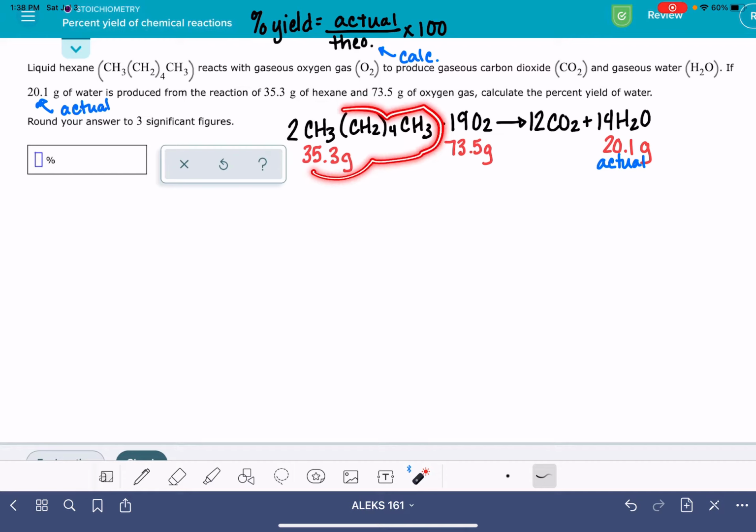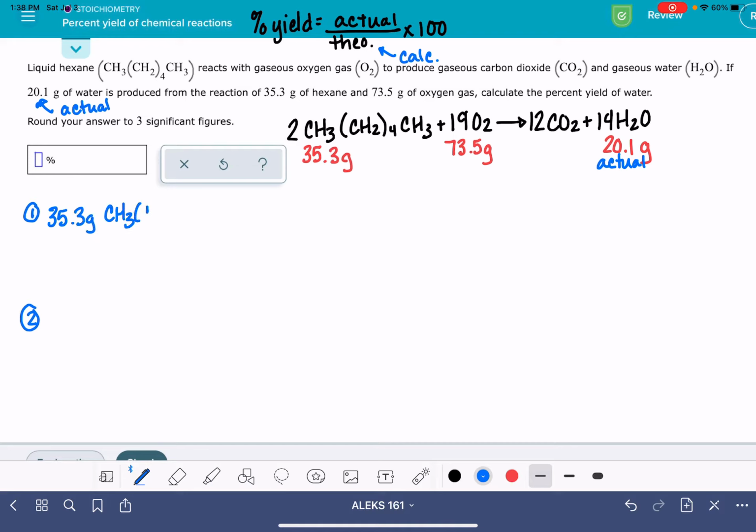So since they've given us starting amounts for both of the reactants, we have to calculate that theoretical yield two times. One time starting from the 35.3 grams of hexane, CH3(CH2)4CH3, and a second time starting from the 73.5 grams of O2.